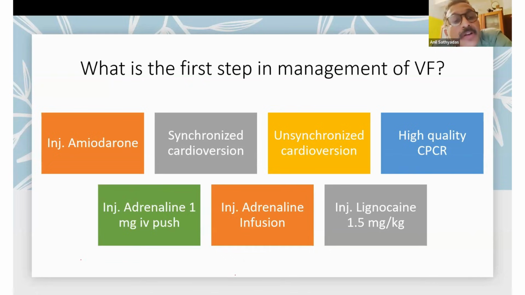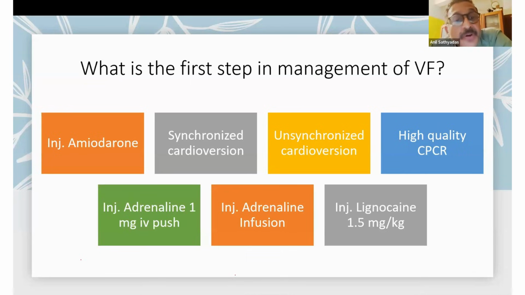So here, amiodarone may not be the choice, but still you can use that for refractory VF, but not initially. Synchronized cardioversion is not used for VF. It is maybe used for SVTs. Unsynchronized, that is defibrillation. Yes, that is one option. Okay, high quality CPR is a very good option.